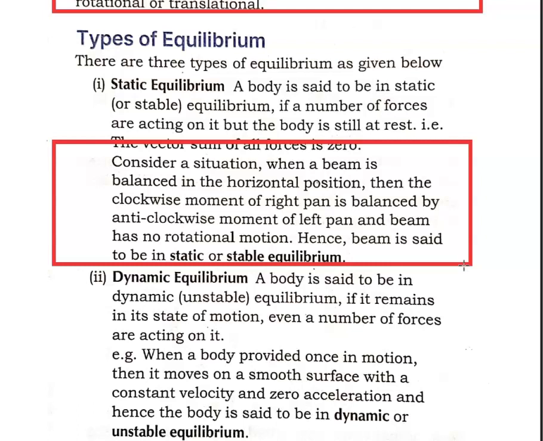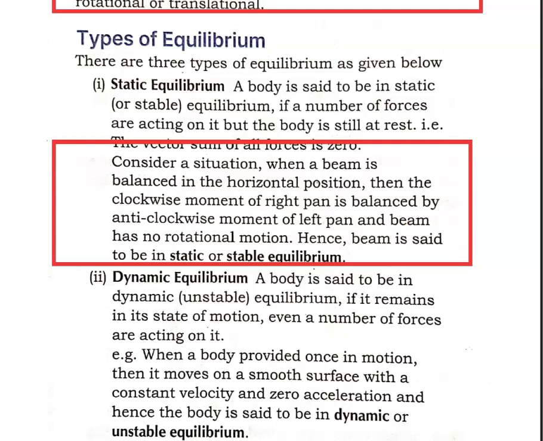That means the clockwise moment of the right pan is balanced by the anti-clockwise moment of the left pan, and hence the beam balance has no rotational motion. In such a case, the beam is said to be in static or stable equilibrium.